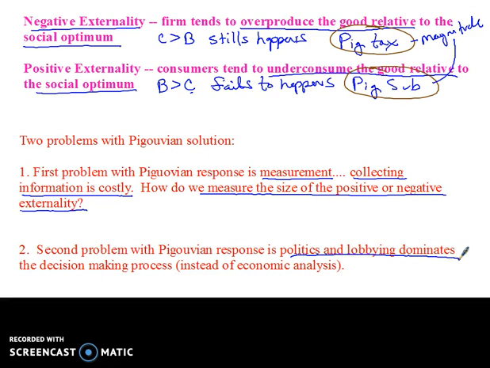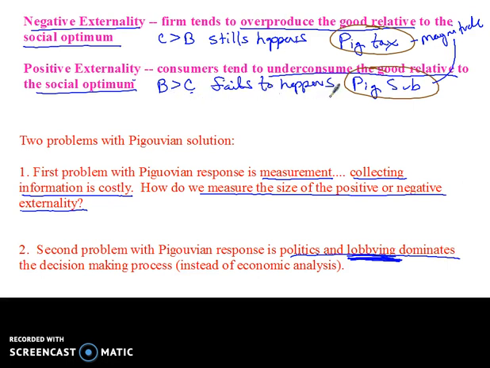That is to say, maybe we can calculate the size of the negative externality from pollution, and therefore the amount of the Pigouvian tax that we need, but we won't be able to get that law passed. We won't be able to pass the Pigouvian tax because companies will lobby the government and prevent the law from getting passed.